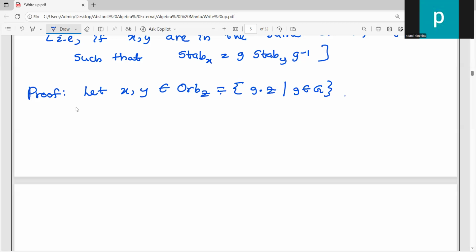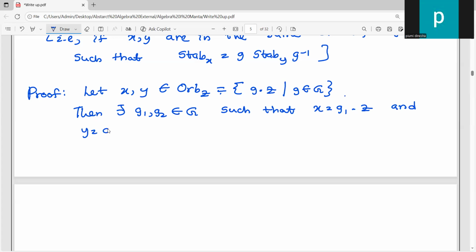So, let's write then there exists g1, g2 elements in this group such that x is equal to g1 dot z and y is equal to g2 dot z, right?